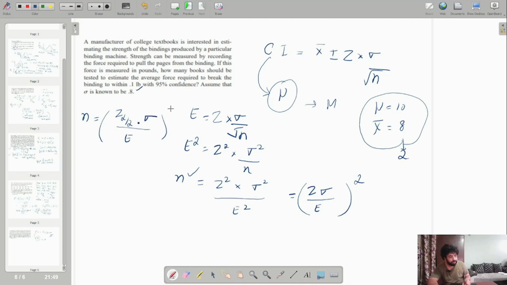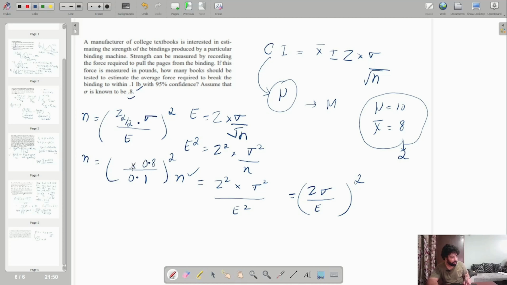All of this is squared. So I'll write n and substitute 0.1 for the margin of error, with the square here, and the standard deviation is given as 0.8.